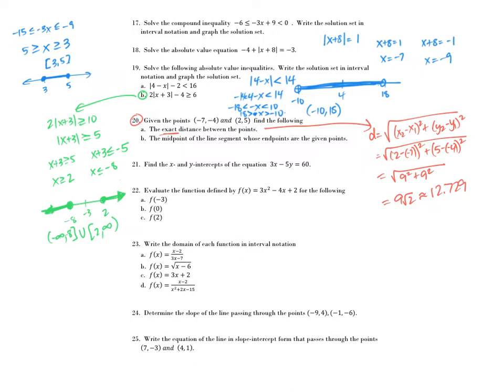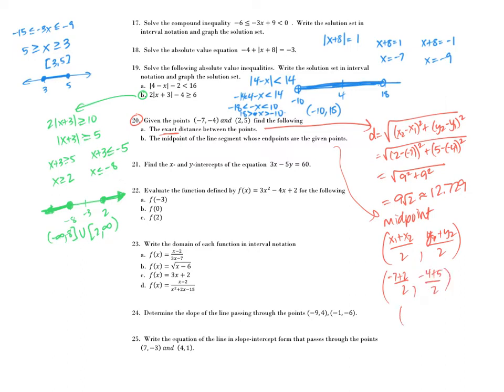The midpoint of the line segment, so the midpoint, it's going to be the average of the x values and the average of the y values, y1 plus y2 over 2. And so we'll have negative 7 plus 2 over 2 and negative 4 plus 5 over 2.